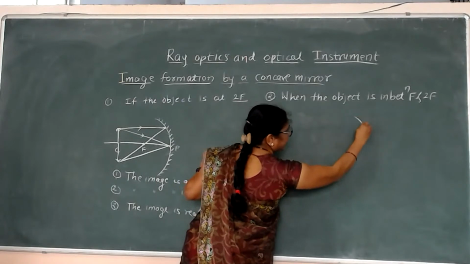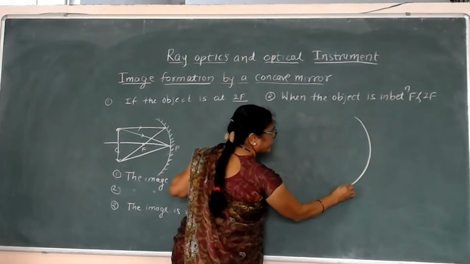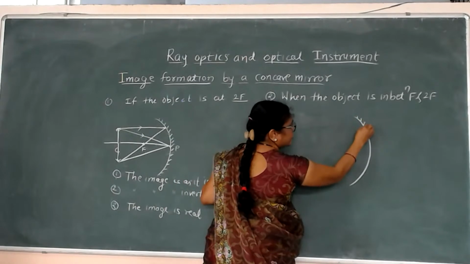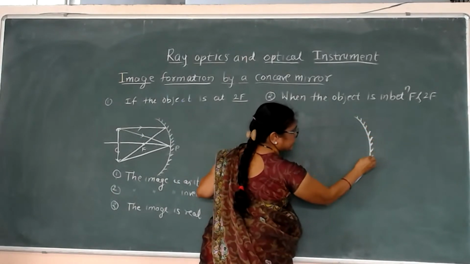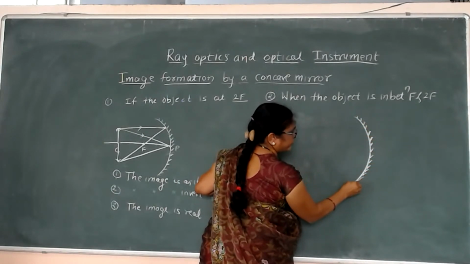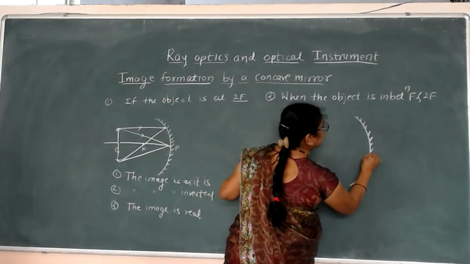Suppose this is a concave mirror. Draw the reflecting surface on the outside of the surface. The midpoint of this is known as the pole.